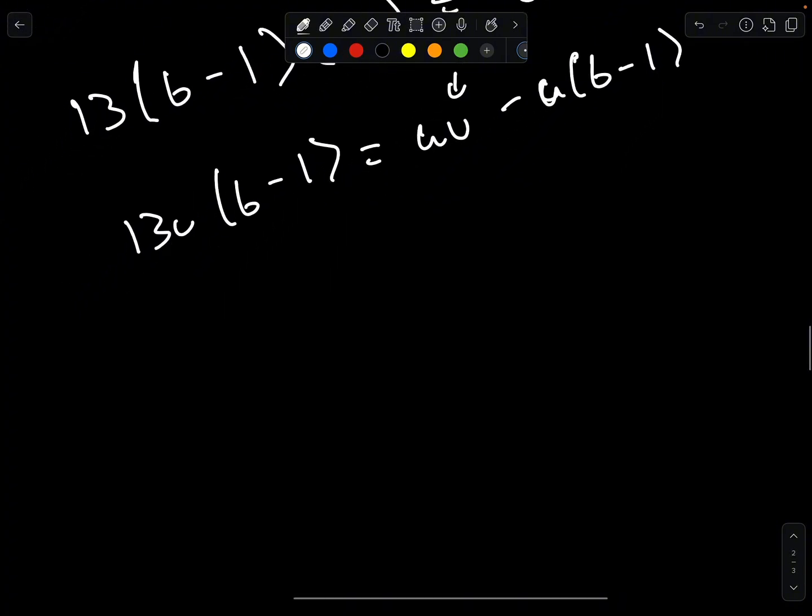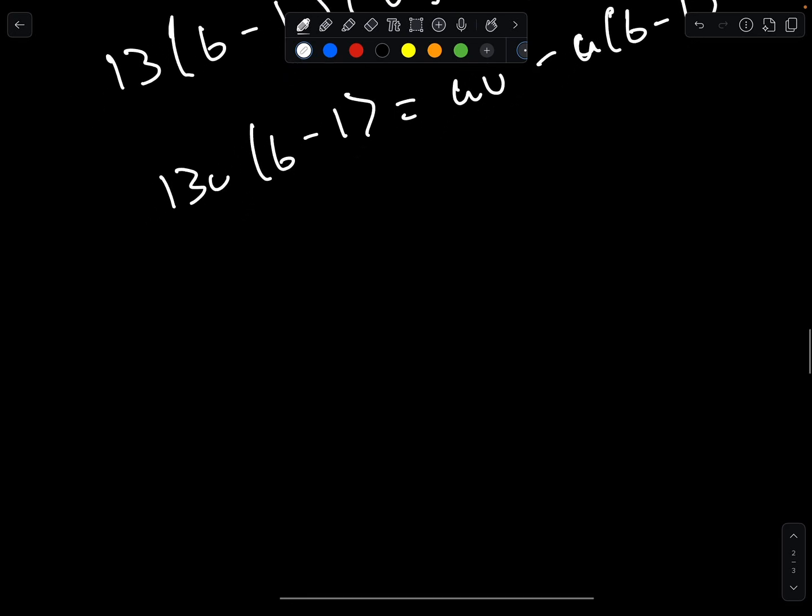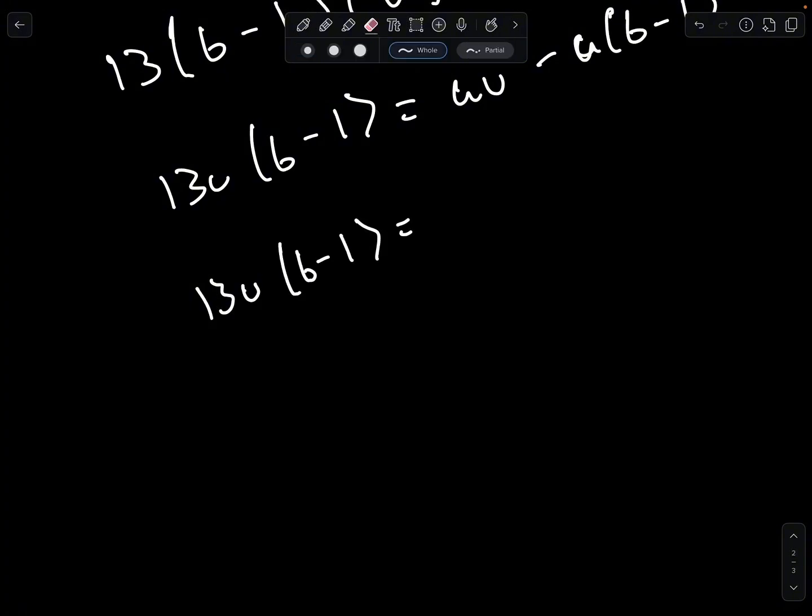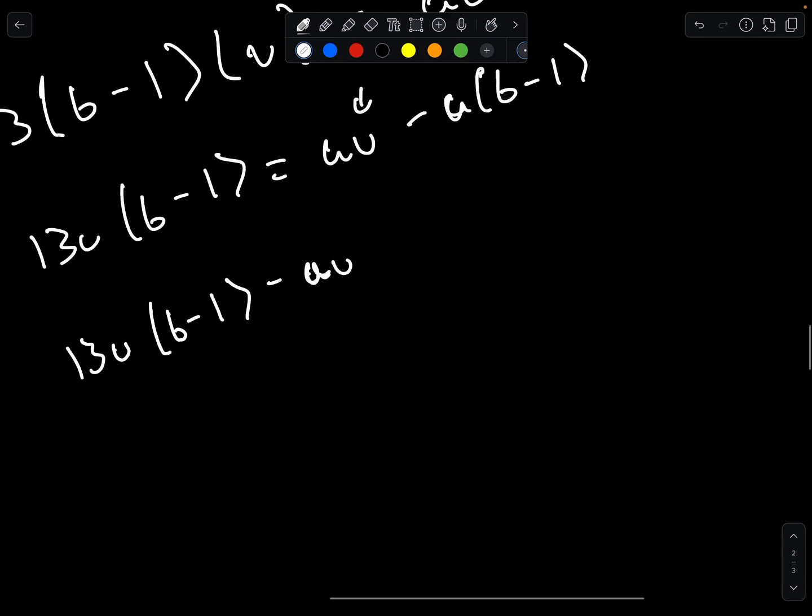So we need to have the u's on the same side to be able to have a factorizing. So we're going to bring this over. 13u times b minus 1 minus au equals minus a times b minus 1.